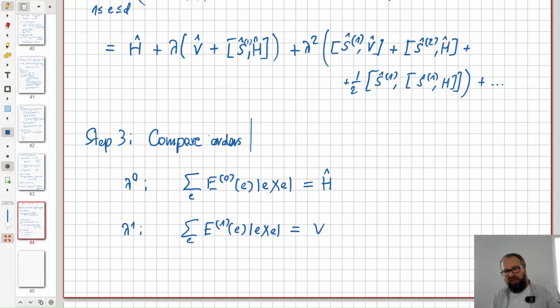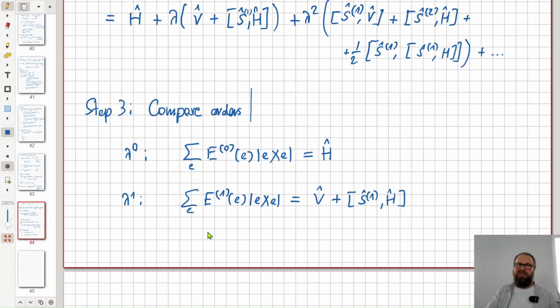E1 equals V plus S1 with H. And this makes sense because H is zero order because it's unperturbed, V is first order because it's the perturbation, S1 is first order by assumption, and E1 is also first order. And second order, you can see what's up, and you form the infinite system of equations.